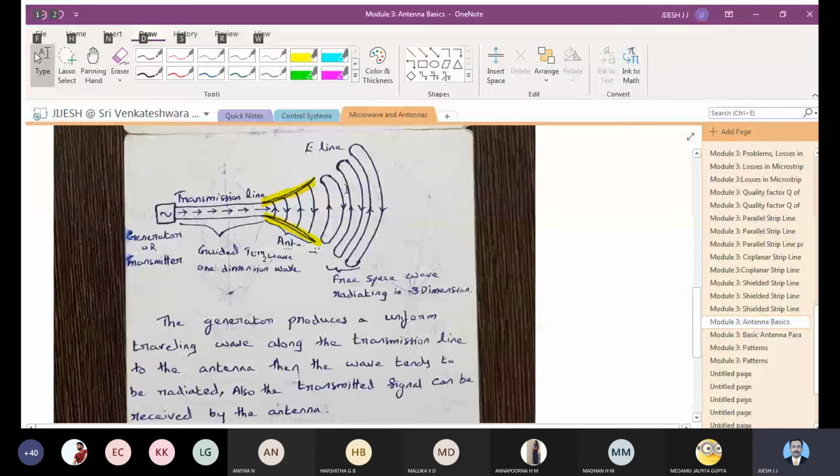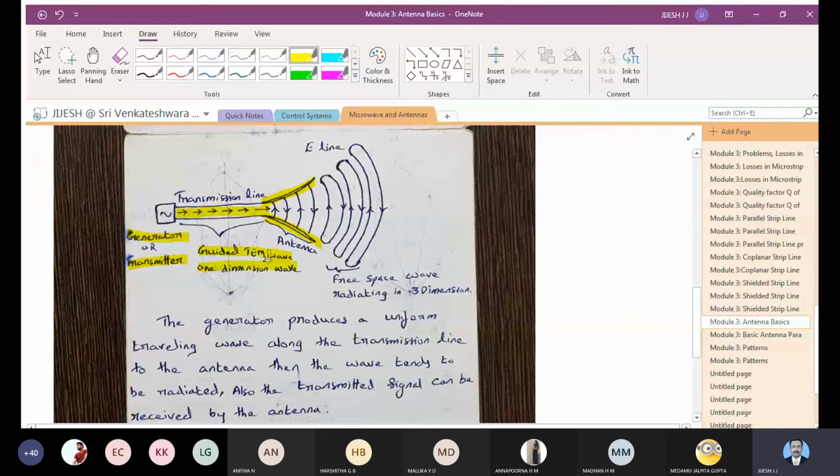The signal is going to transmit through this section, and it is going to form free space waves radiating in 3 dimensions, so the electromagnetic waves are sent outside from the antenna. The antenna radiates the signal to the outer space, and here it is a guided TEM wave, a 1 dimension wave.